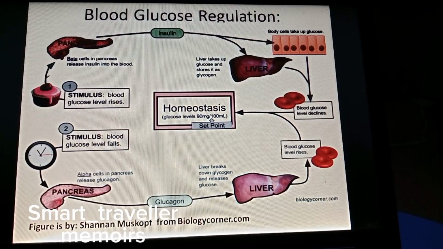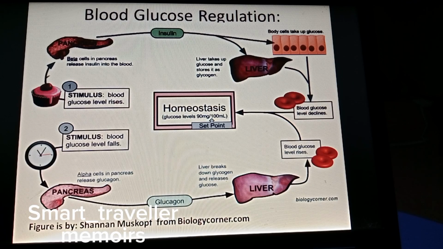Blood glucose regulation. The pancreas secretes insulin, body cells take up glucose, and the liver takes up glucose and stores it as glycogen. Blood glucose level declines. Blood glucose level rises.